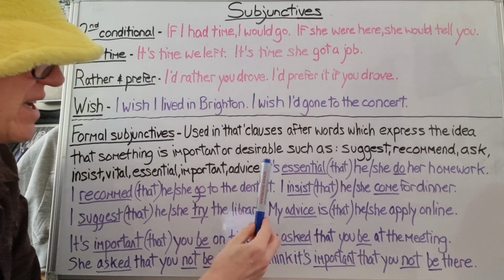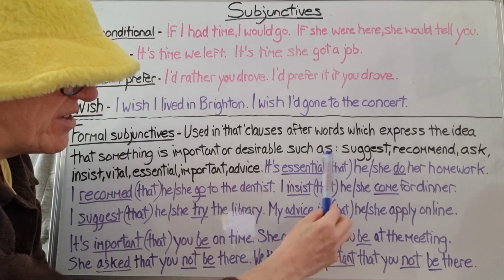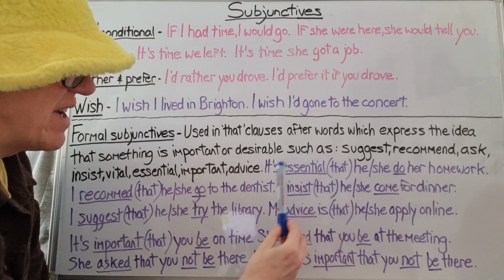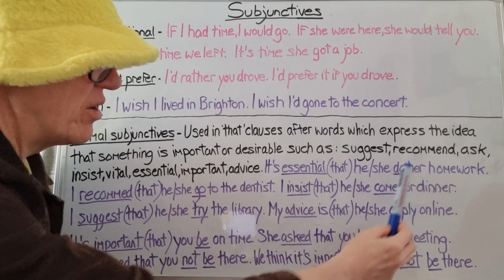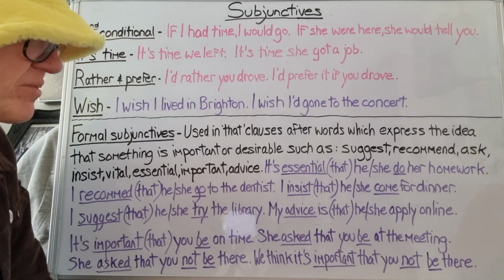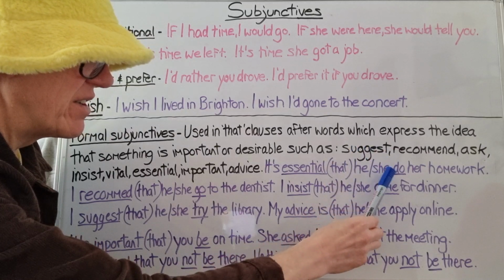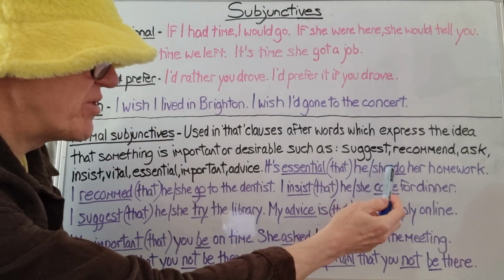For example, it's essential that, you don't have to use that, that's why it's in parentheses. It's essential that he or she do her homework, or his homework if it's he. Okay? Not does. You know, he does, she does, but here it's a subjunctive form.